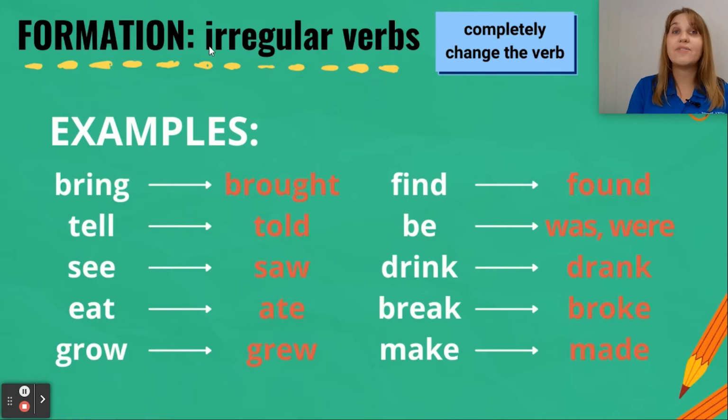When we have irregular verbs, they would completely change their structure. And here I have a list of the most commonly used verbs that occur in our everyday speech. Let's look how we change them.